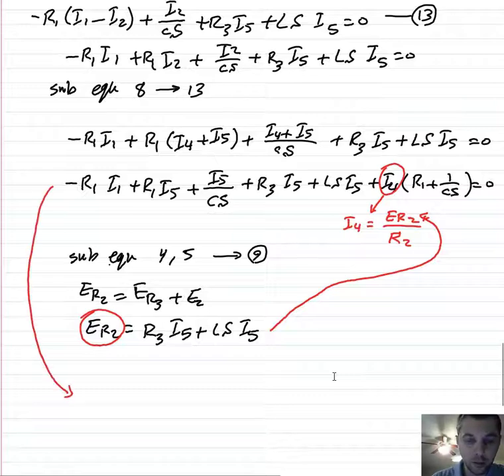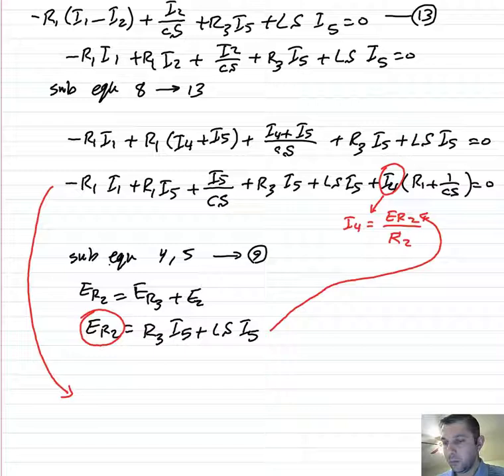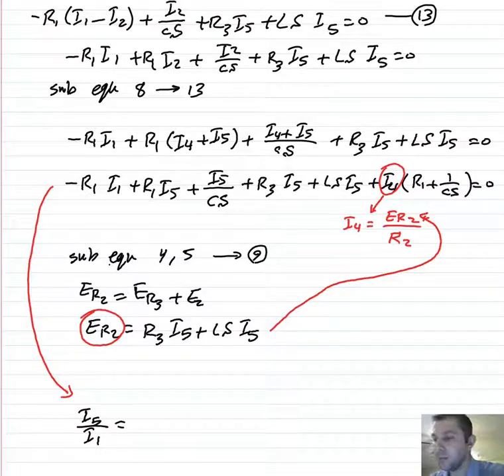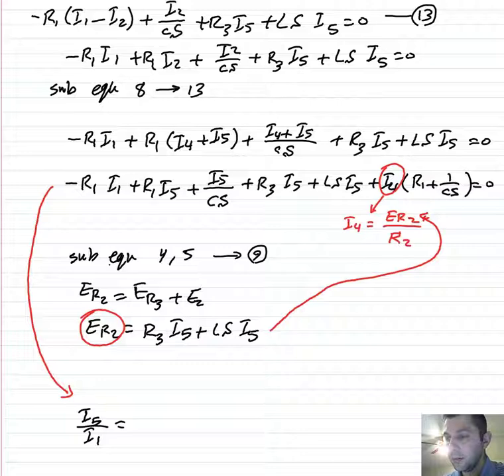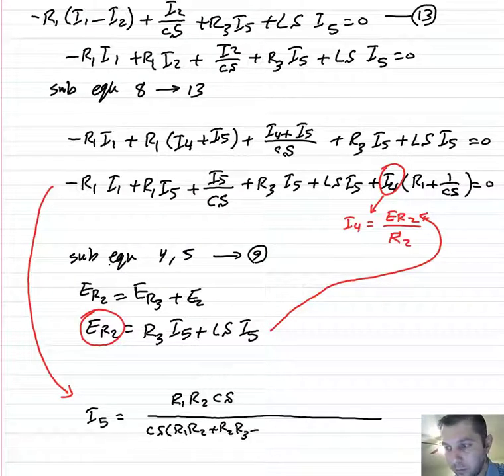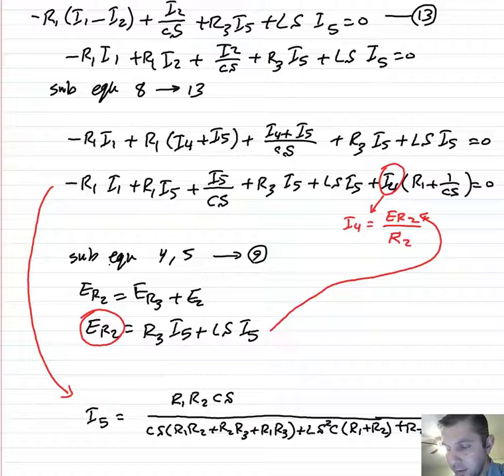Then after we simplify the equation, we will get I5 over I1 is equal to R1 R2 CS, divided by CS R1 R2 plus R2 R3 plus R1 R3 plus LS squared C R1 plus R2 plus R2 plus R3 plus LS. And this is multiplied by current 1.